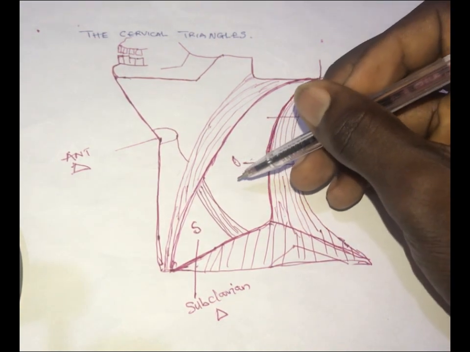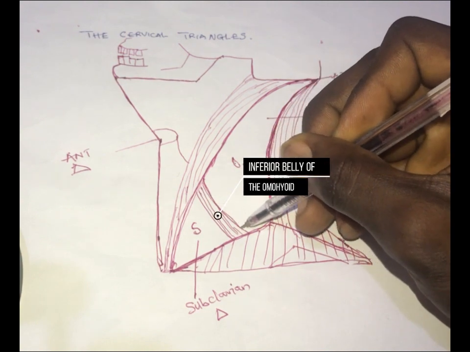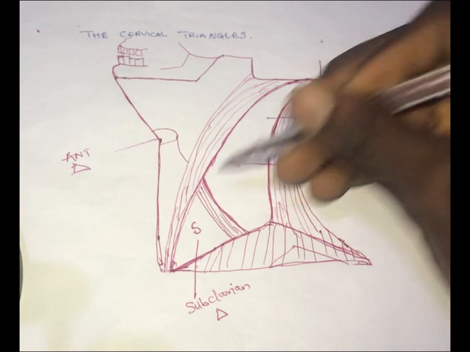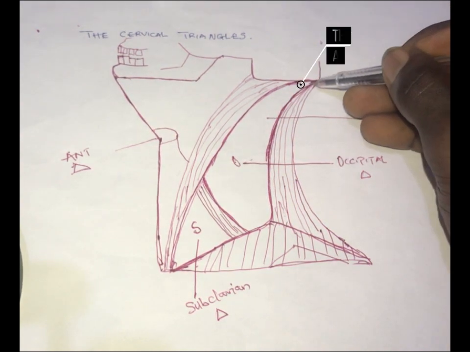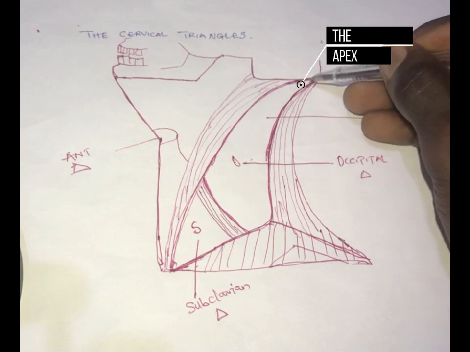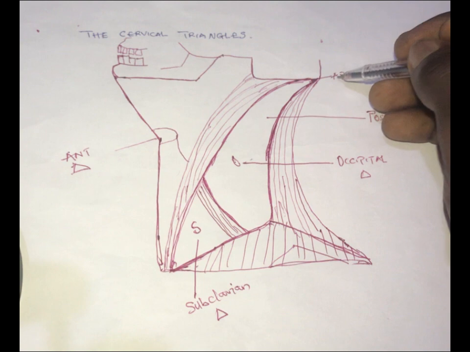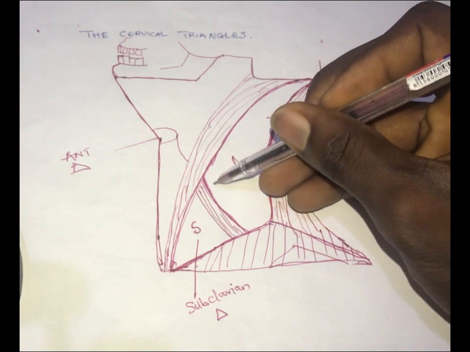And then the base of this triangle is formed by the inferior belly of the omohyoid muscle. Then of course the apex remains the same as the point of attachment of the trapezius muscle and the sternocleidomastoid muscle, just below the base, around the base of the skull.